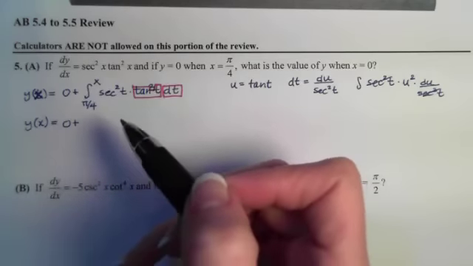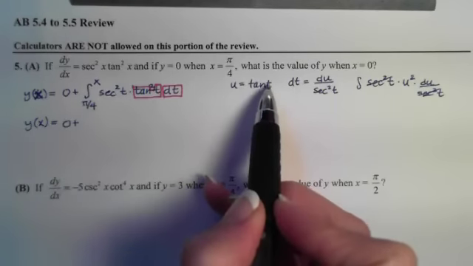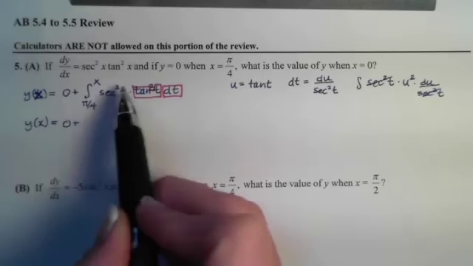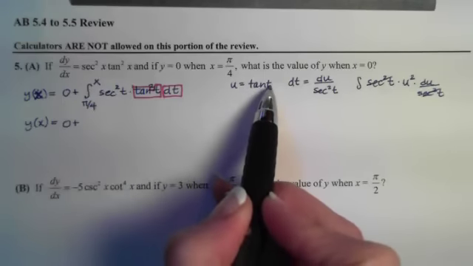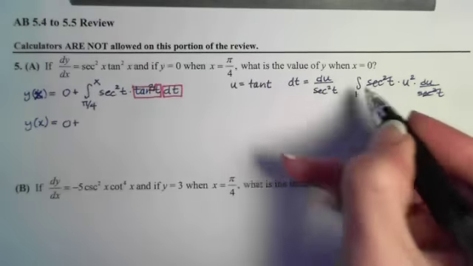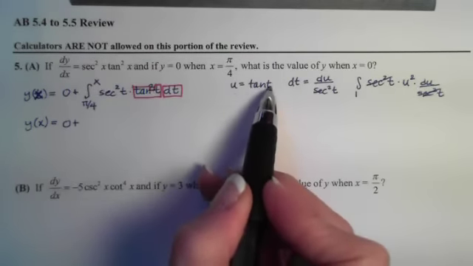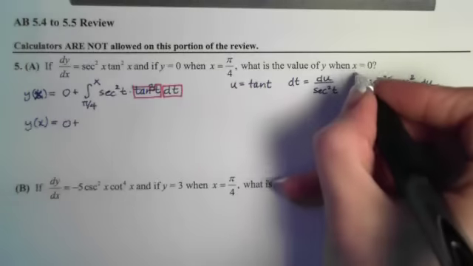So my u limits would be plugging this value of t in and computing what comes out. So if I plug in a pi over 4, the tangent of pi over 4 is a 1. So my lower u limit is going to be a 1. If I plug x here, then I will have the tangent of x is my upper limit of u.